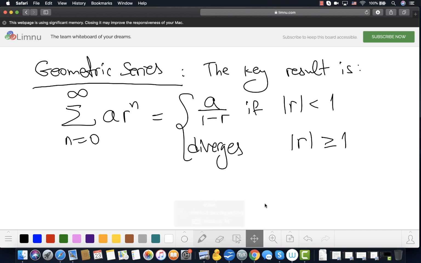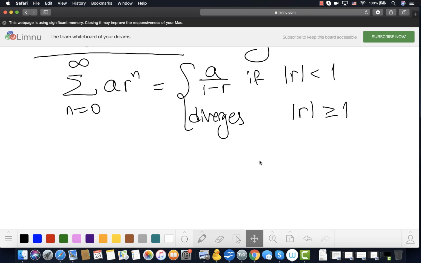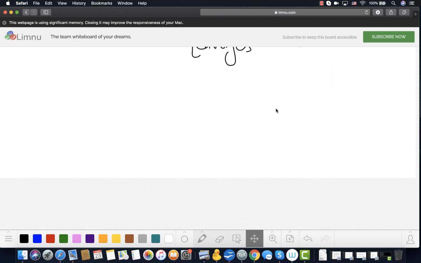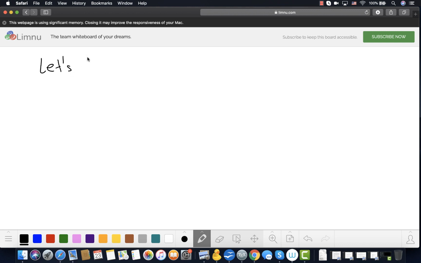Now, I think it might be worthwhile to think about this result again in the particular case when the common ratio r is 1 and minus 1. This will give greater insight into the sequence of partial sums.